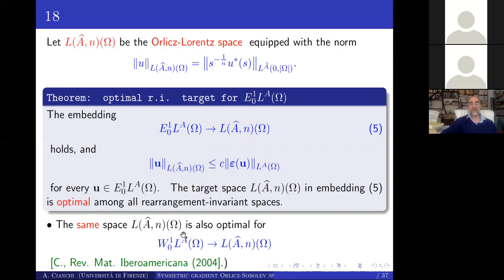This result for the full gradient Orlicz-Sobolev spaces with the same space here was proved in this paper of mine 7 years ago. So as already mentioned, in this range of targets, having these domains or these domains gives the optimal target space.